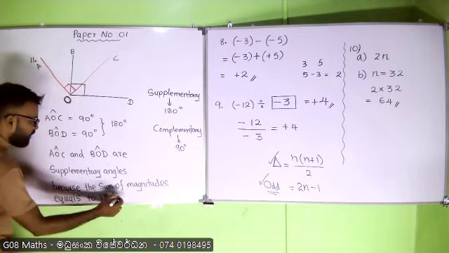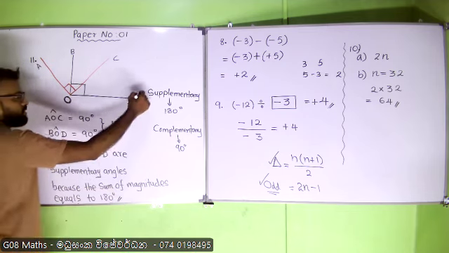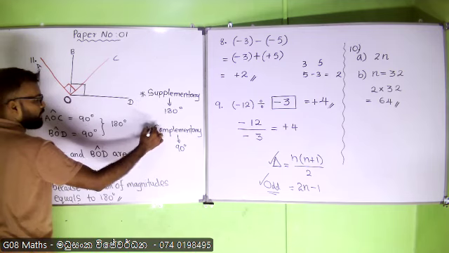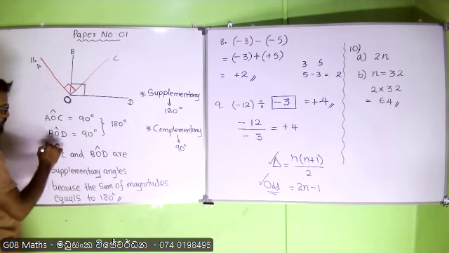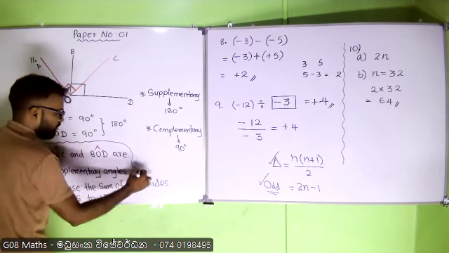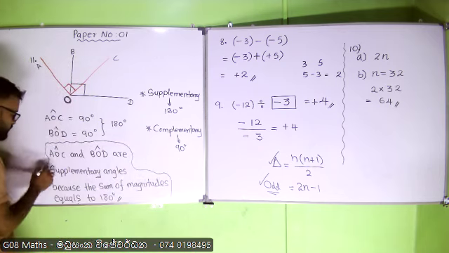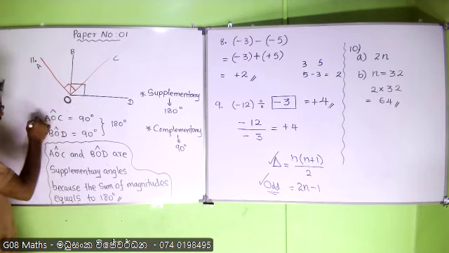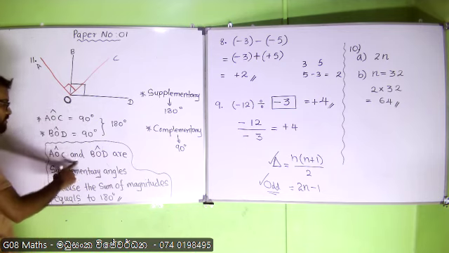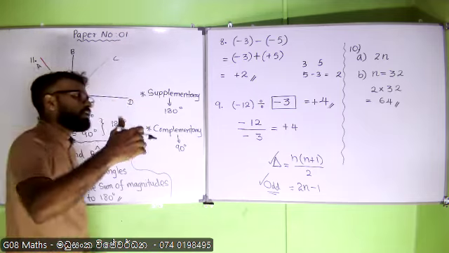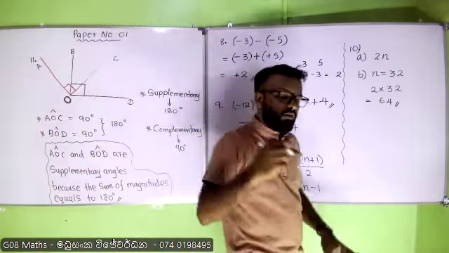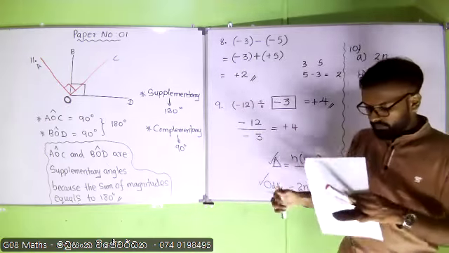Correct? 180 degrees. So these things you need to remember. They are extra things. For the answer, you need only this part. This is for your understanding. This is the answer. AOC and BOD. By looking at this is 90, this is 90. 90 plus 90, 180. 180 is supplementary. That is how we are going to think.